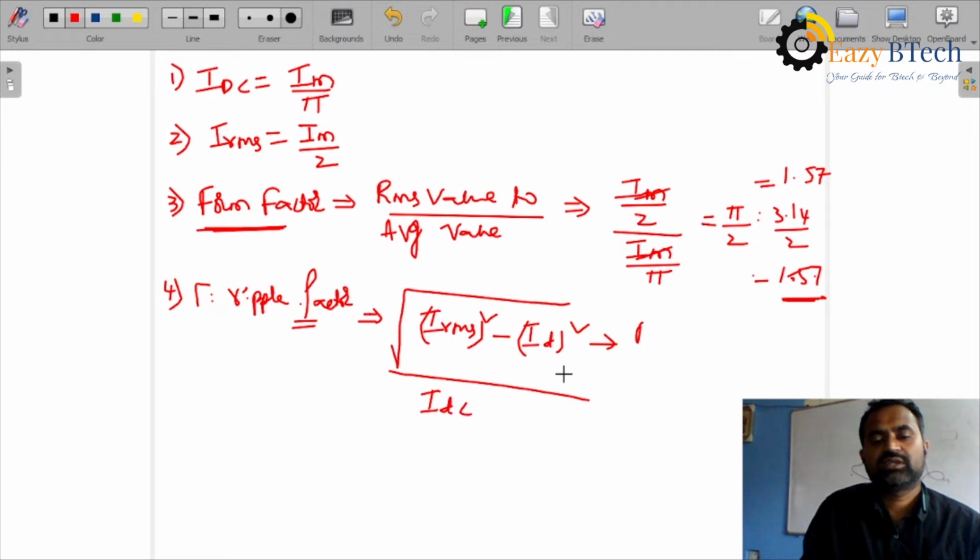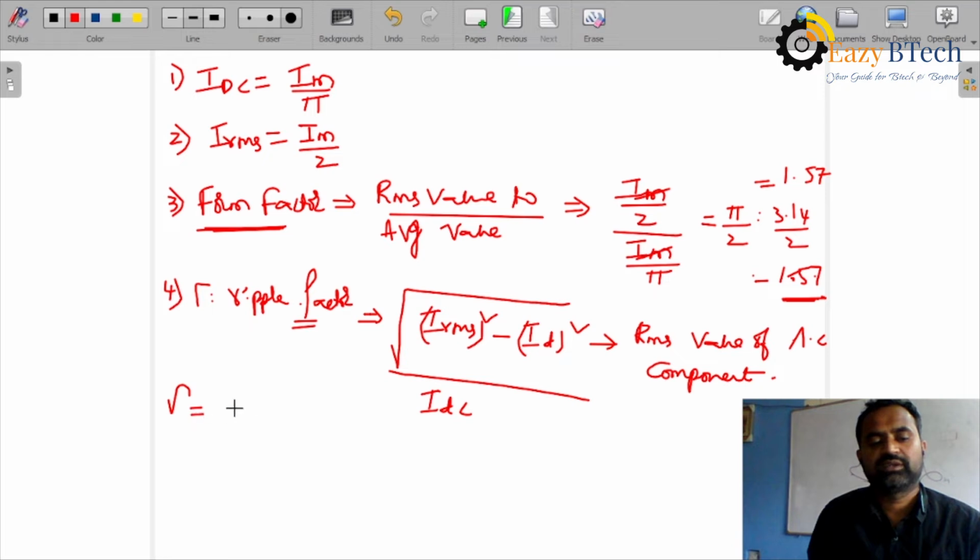This component is the RMS value of AC component. Thus we will write ripple factor is equal to under root.